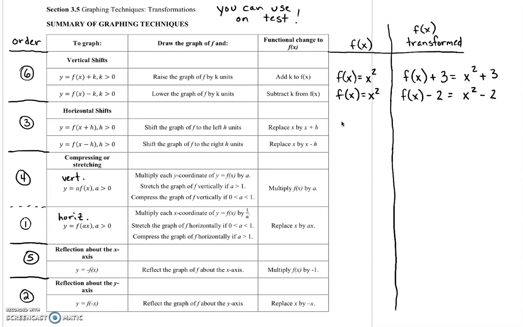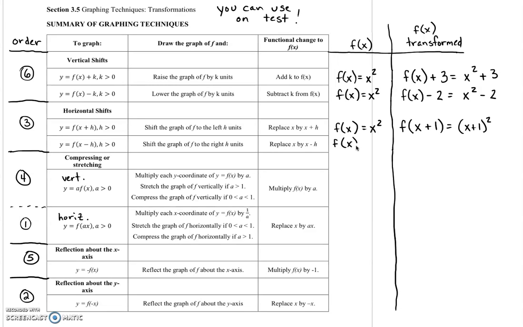Okay, let's look at the horizontal shifts. If we have f of x equals x squared, if we're shifting to the left, we would do f of, say, x plus 1. So that would be the quantity x plus 1 squared for our function.